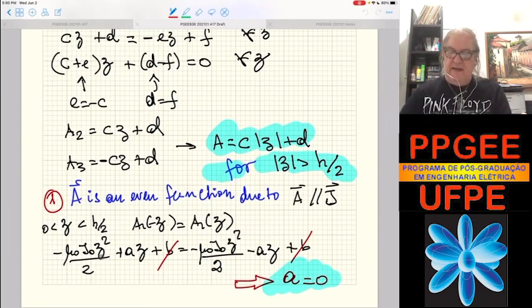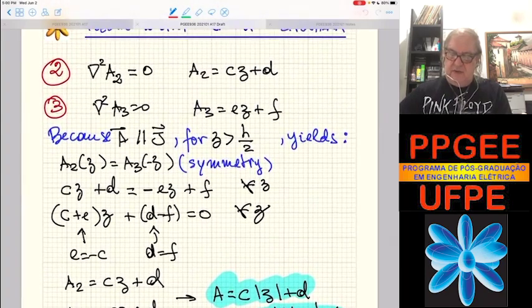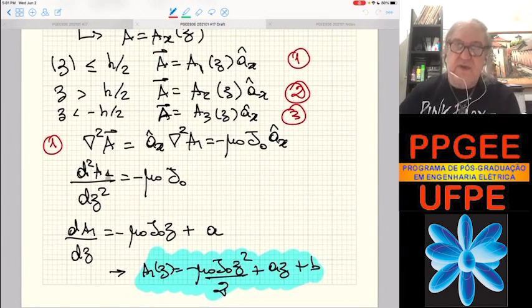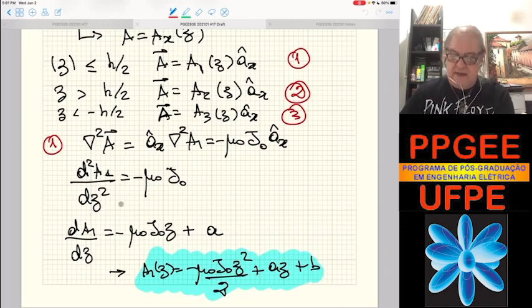I didn't show the solution here yet. I just skipped that solution. The general solution inside is found by repeated integration, right? The first integration is a linear function plus a constant. The second integration gives the square dependence on Z over 2, plus a linear term, plus a constant. That's the solution inside.